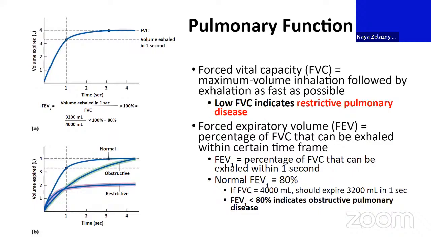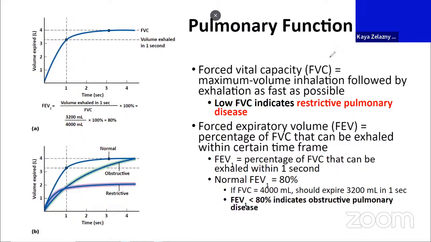So the way we would test for this, our indicators of this, are going to have to do with some new measurements of the lungs. Okay. So if we do our pulmonary function tests, which we would do when we're trying to assess for these types of diseases, one thing we might measure is something called the forced vital capacity.